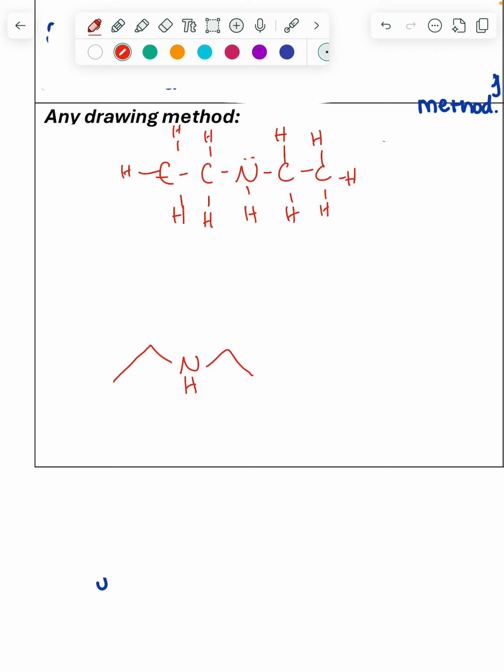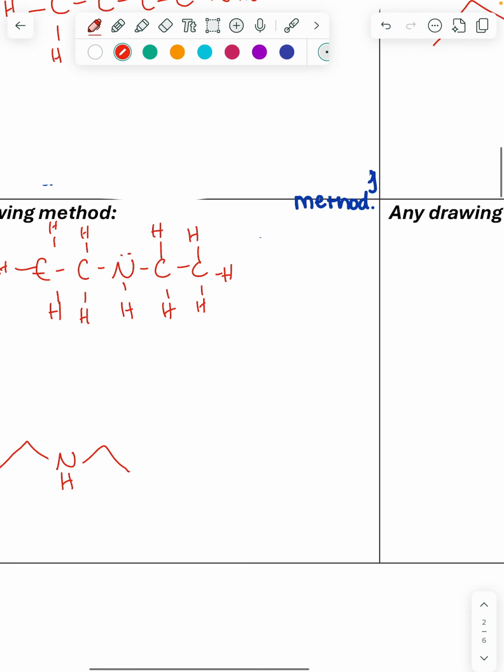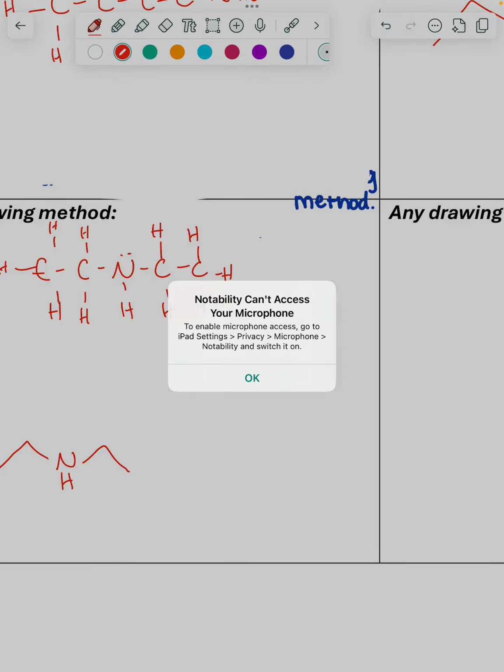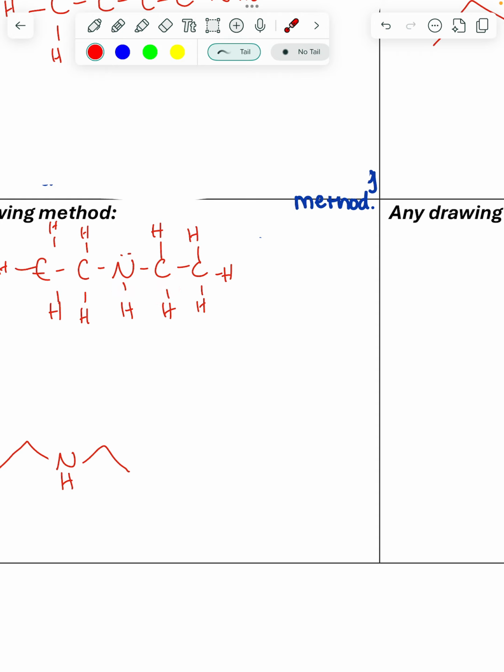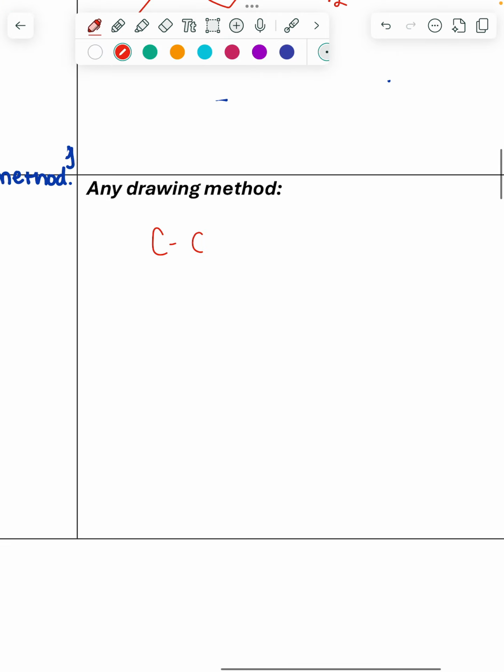And then we can also move the nitrogen. Instead of being right here in the middle, we can move it over 1 and put it on that carbon. So let's do that over here. And now we're going to draw in all of the hydrogens that we know.